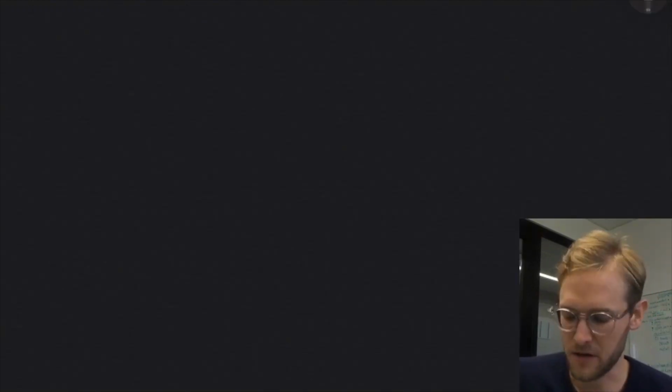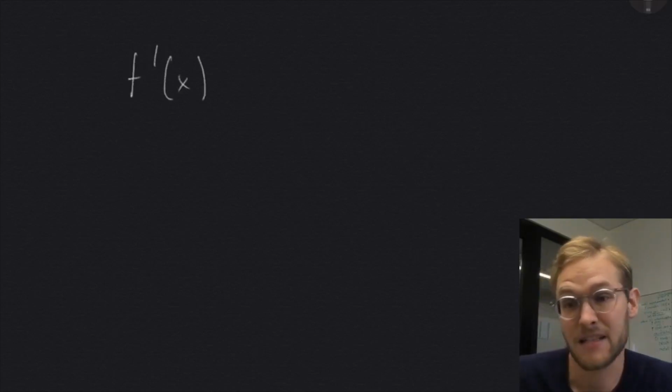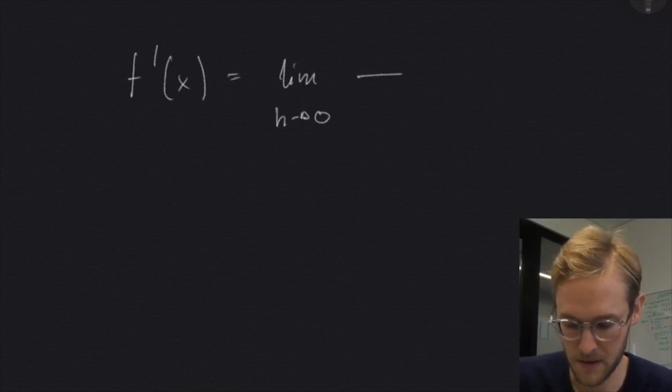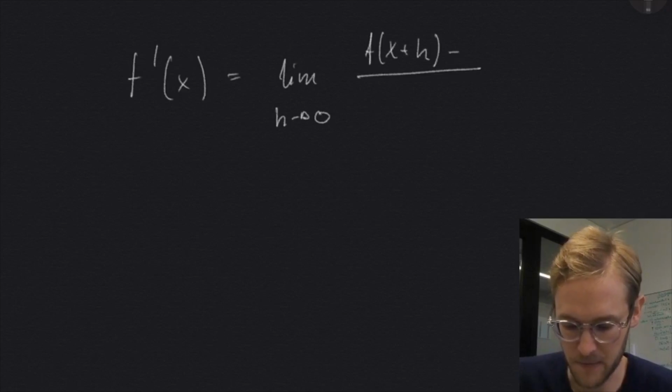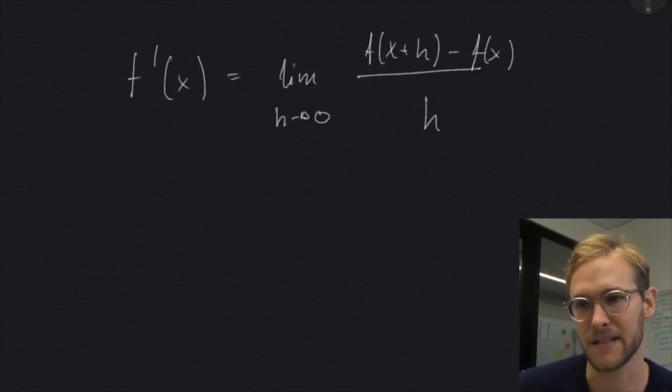The definition of the derivative of some function f of x is the limit where some h goes to 0 of f of x plus h minus f of x, divided by this h, a tiny number.